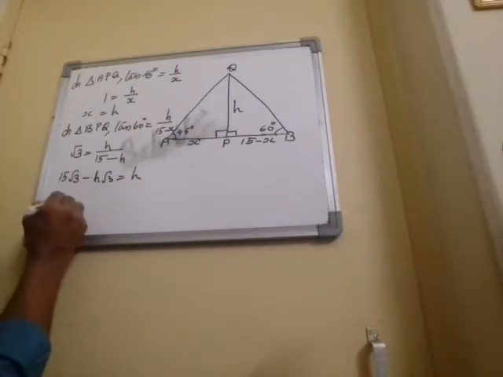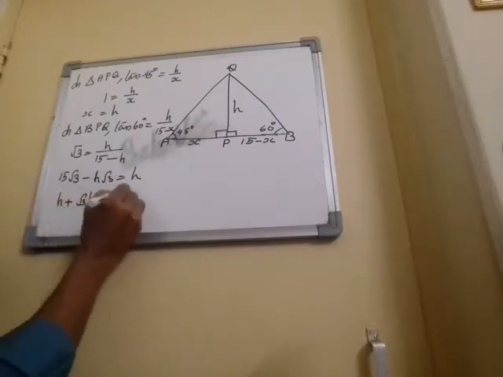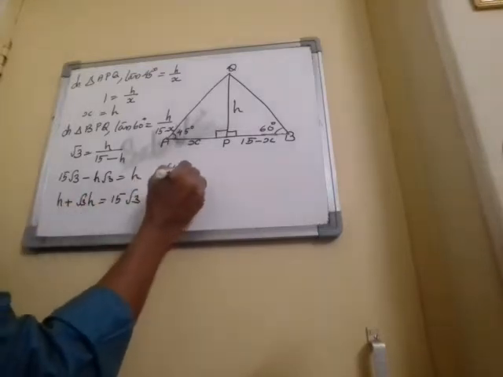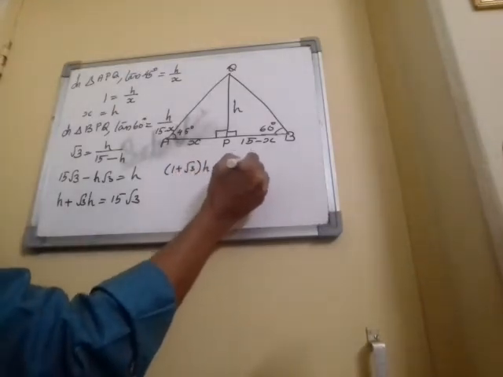So h plus root 3h equal to 15 root 3. So 1 plus root 3 into h equal to 15 root 3.